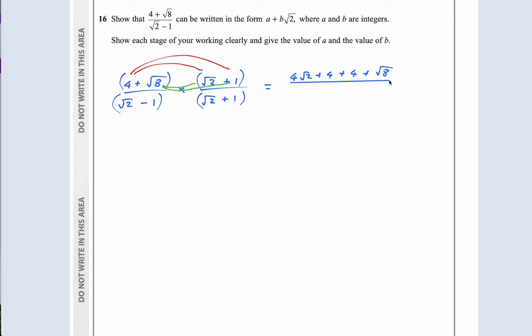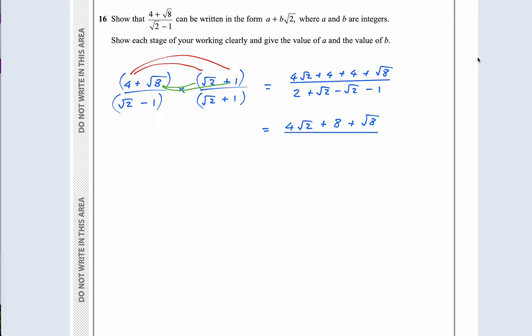All divided by root 2 times root 2 is 2. Root 2 times 1 is plus root 2. Minus 1 times root 2 is minus root 2. And minus 1 times 1 is minus 1. Okay, so this is equal to 4 root 2 plus 4 plus 4 is 8 plus root 8 all over.